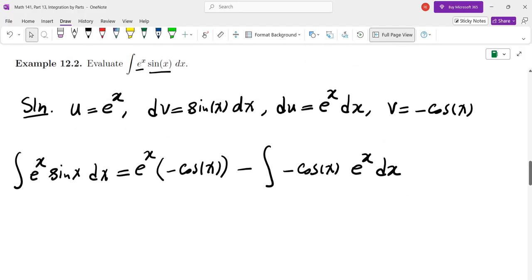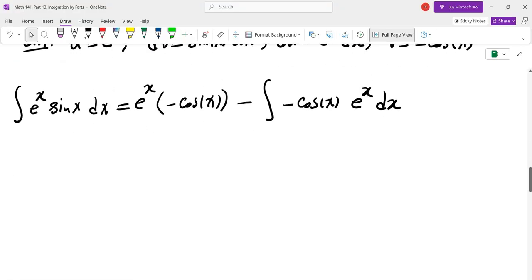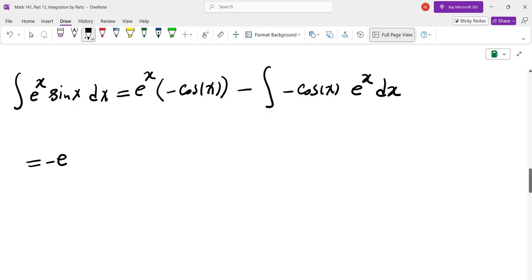So unfortunately, it didn't really change all that much. It became something of similar difficulty. So we have negative e to the power of x cosine of x. I'm going to multiply the negative signs, I get a positive sign, and I get the integral of e to the power of x cosine of x dx.